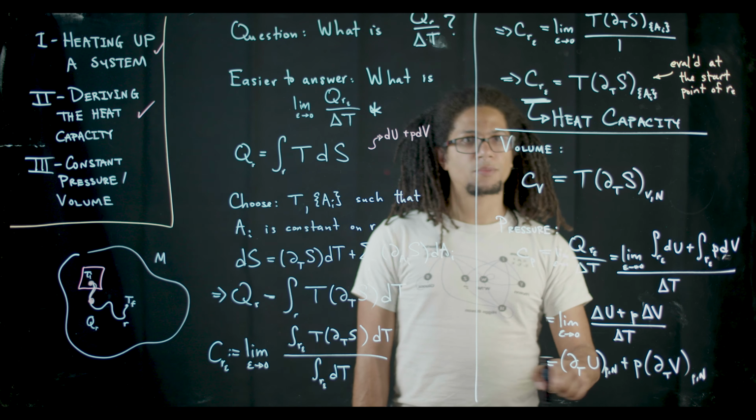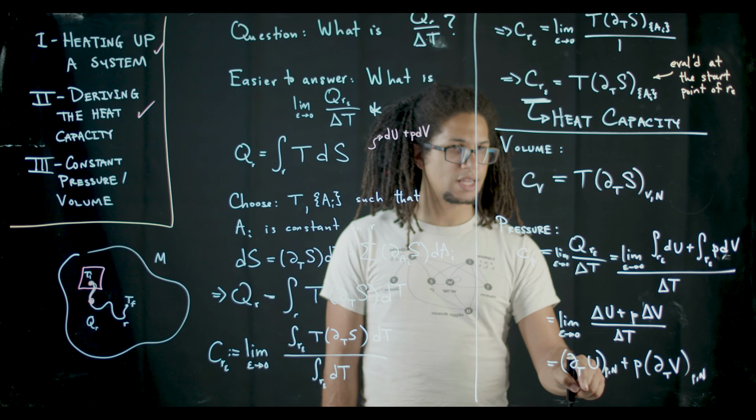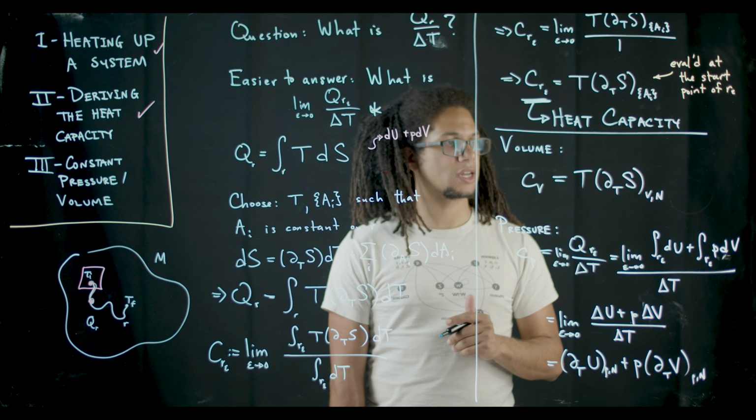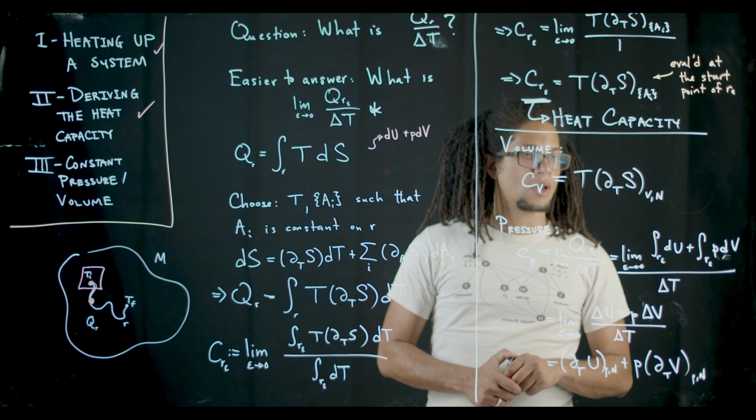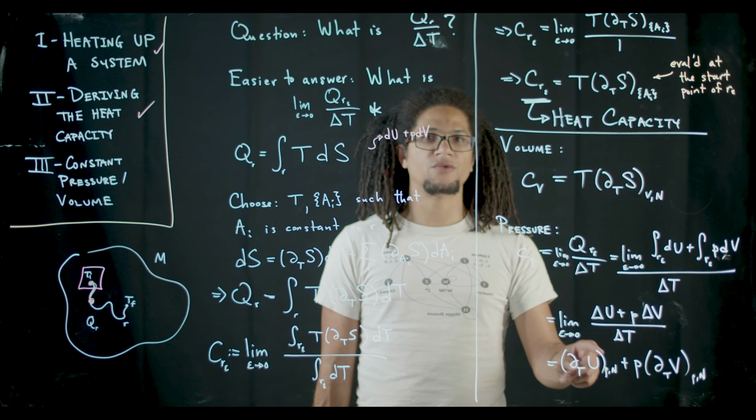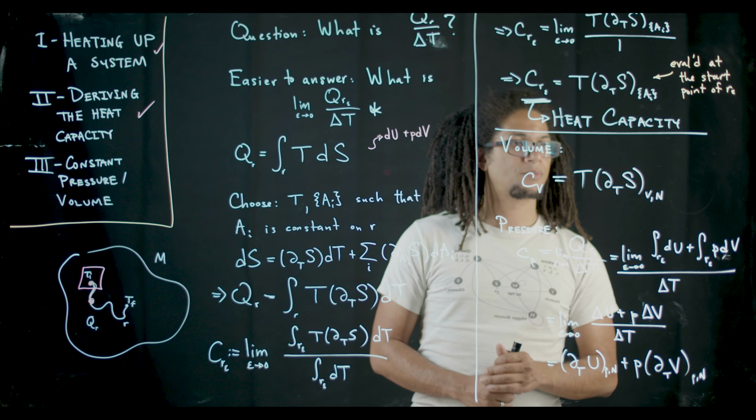Now, this doesn't put us in a good position to contrast this example with our heat capacity at constant volume. So let's make a little substitution here. We know that we want to get U involved in here somehow.